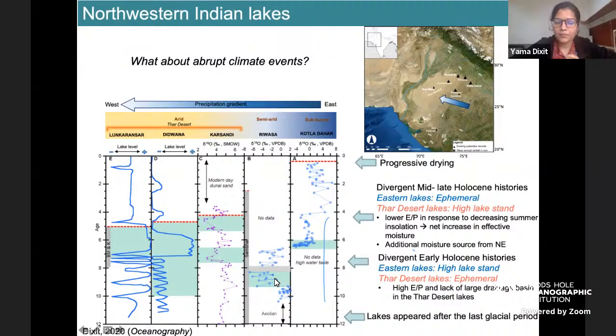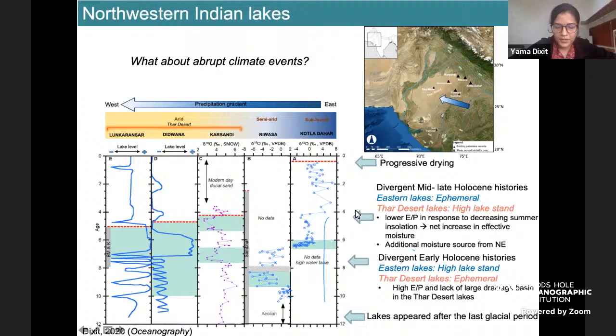You need to have the deepest phase or the marl deposits, which, when exposed to air, would make this sort of a hard ground. But if it's already an ephemeral lake around this period, it would not make a wax stone or a hard ground. So it would not ideally record that kind of a climate excursion that happened globally.